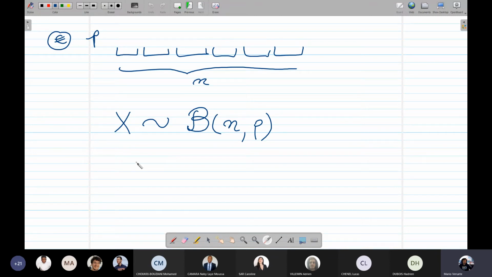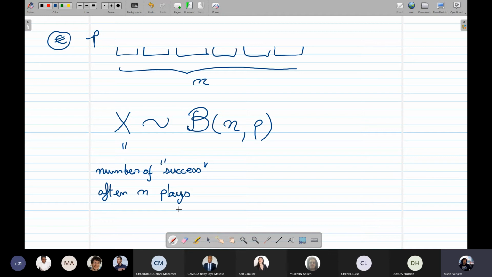And X represents the number of successes after n plays. So you launch your coin n times and you get a certain number of successes.